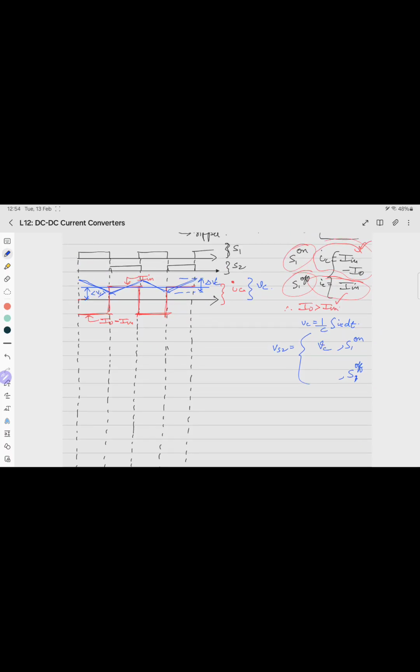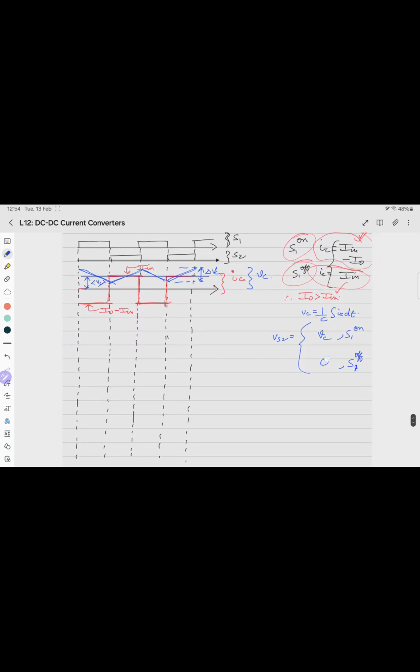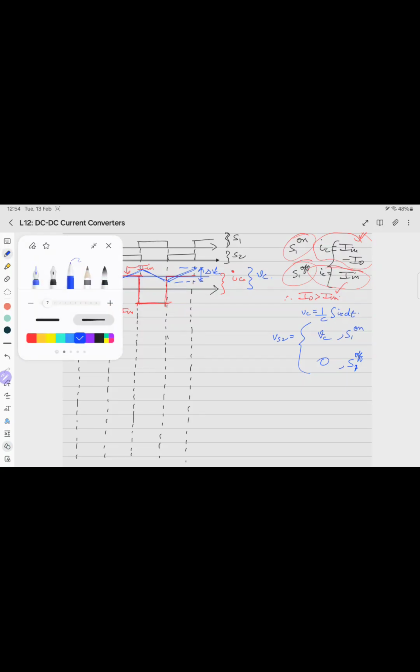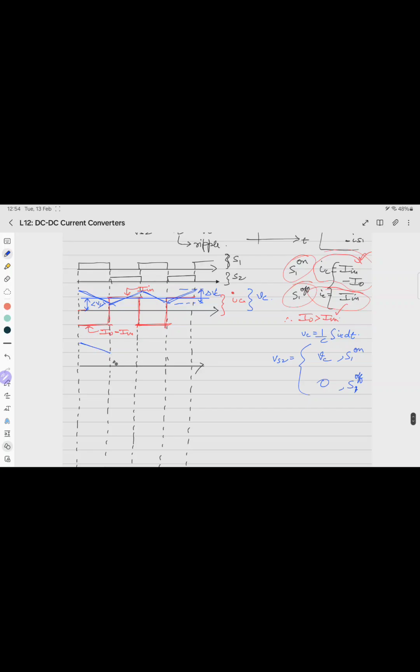And when S1 is off, S2 is on, the voltage across it logically becomes 0. So now I am drawing VS2. For S1 on, it is VC, and for the other case it is 0.